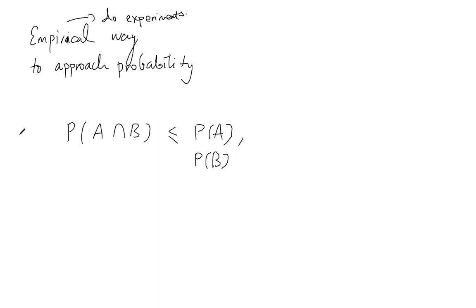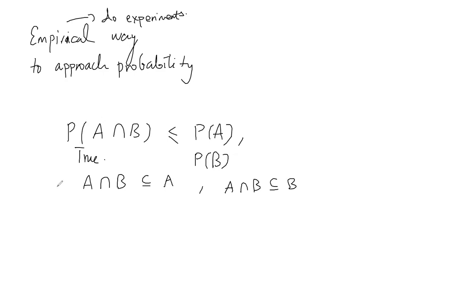So basically, intuitively, we know it, and then we can express that mathematically as this inequality. And we know that this is true for sure because A intersect B is actually a subset of A, and it's also a subset of B, because the intersection is smaller than the set itself.